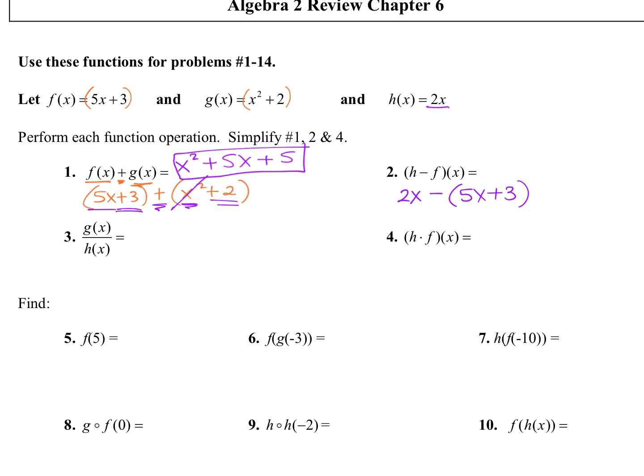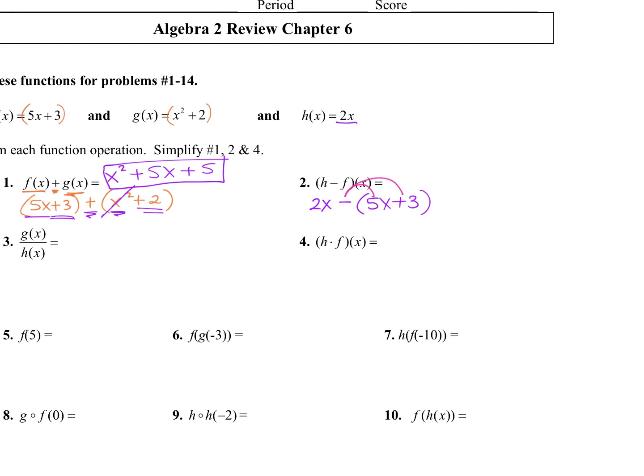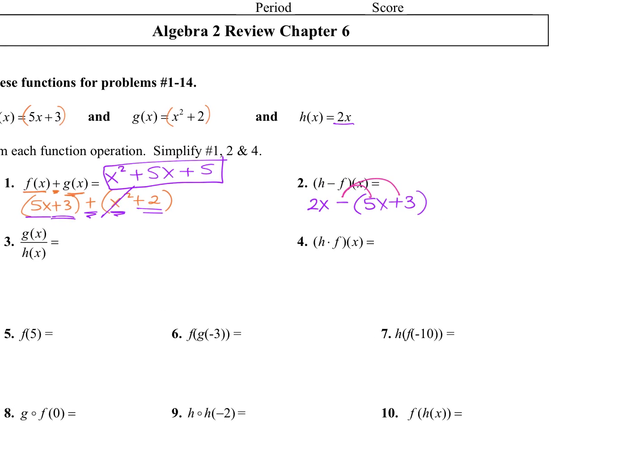That means when we actually subtract, we need to subtract both parts. Okay? What's that going to look like? 2x minus 5x? Negative 3x. And then is it plus or minus? Minus 3. That is your final answer. Okay?